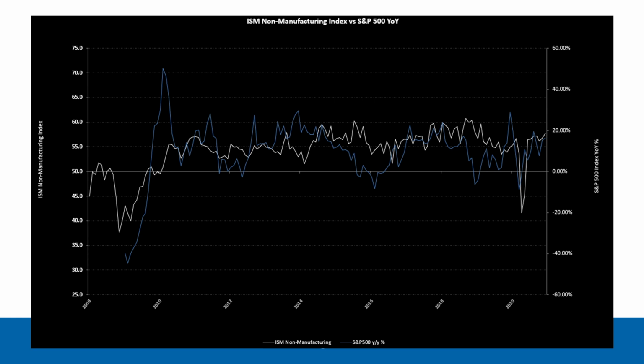In the 2020 scenario, we were looking at around negative 8, 9, 10%, something like this, in the annual performance of the stock market when the NMI went below 50 during the COVID economic shutdown.